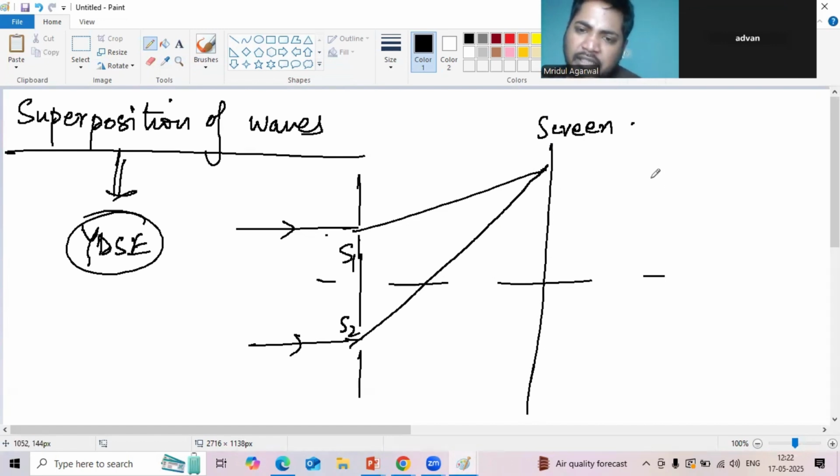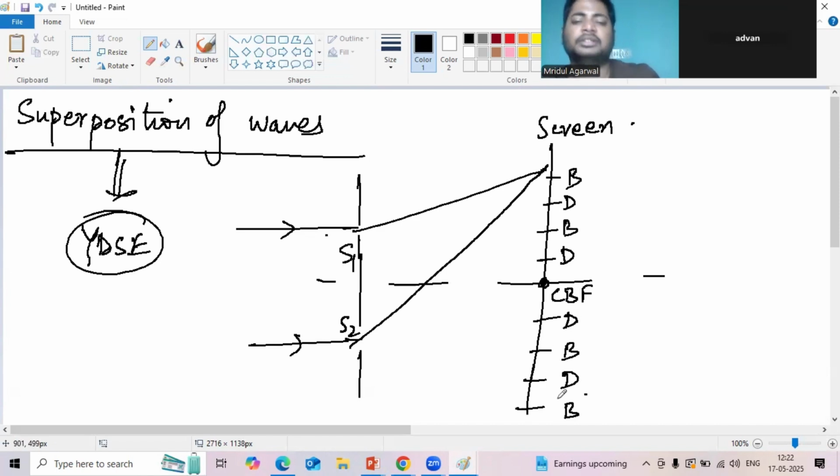There is a central bright fringe, then dark fringes, then bright fringes, then dark fringes, and so on. Similarly, it goes on the other side as well. This is the concept.